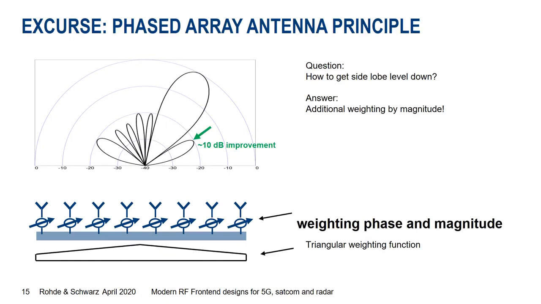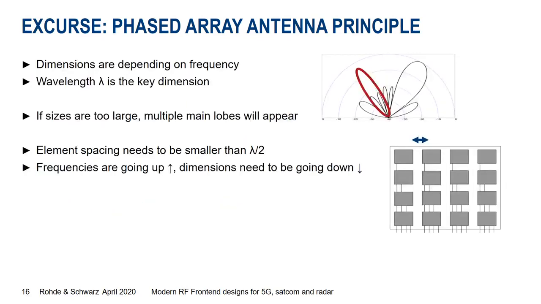What was found is to apply a certain weighting behind each antenna element. And this, in this example, already gives us a 10 dB improvement for the side lobes. The dimensions of those phased array antennas basically follow the target frequency.